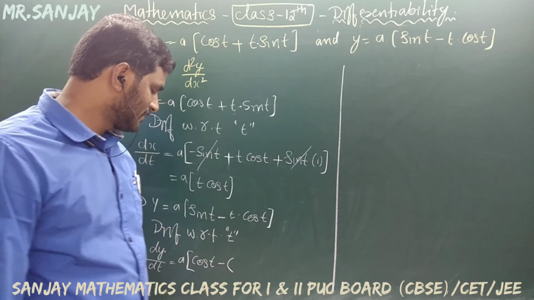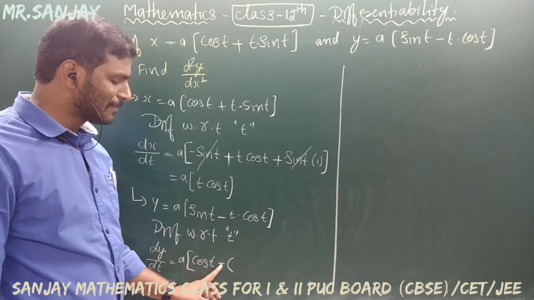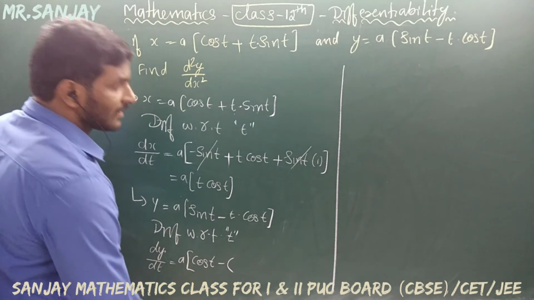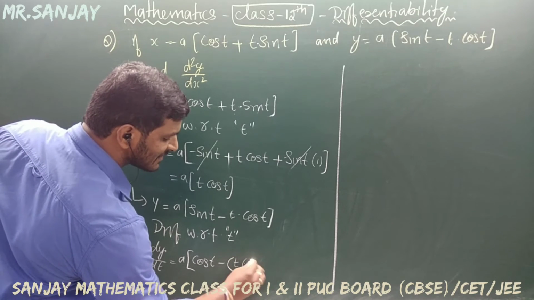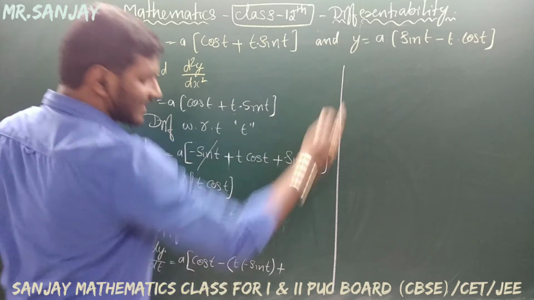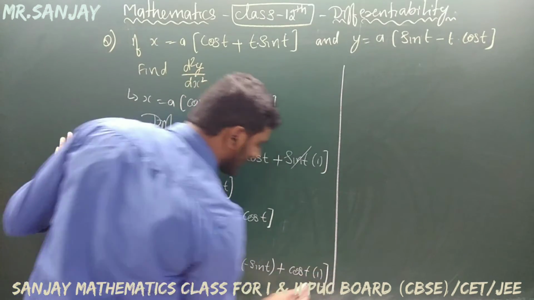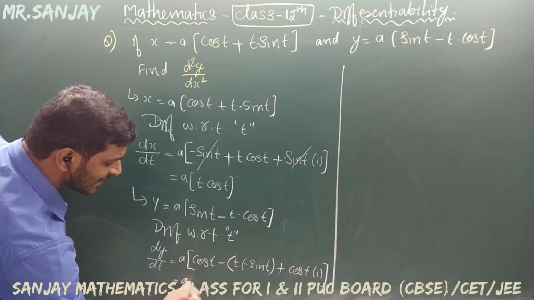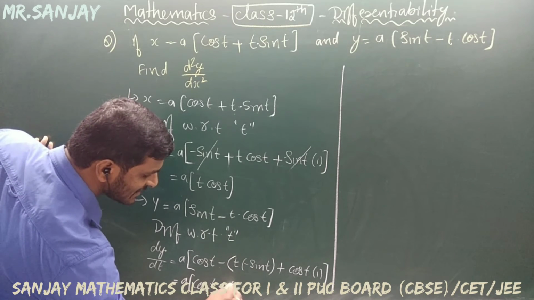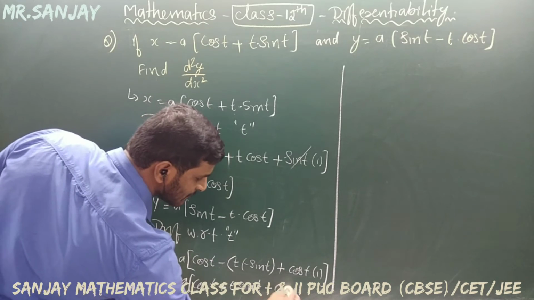No. First write down the minus as it is and take a bracket because this minus is applicable for both. We are getting two terms, right? So that's why. The first function as it is, differentiate the second function sin t, and plus second function as it is, differentiate the t, that is 1, close the bracket, and that is equal to a into cos t, multiply the minus, plus t into sin t, and plus into minus again minus cos t.